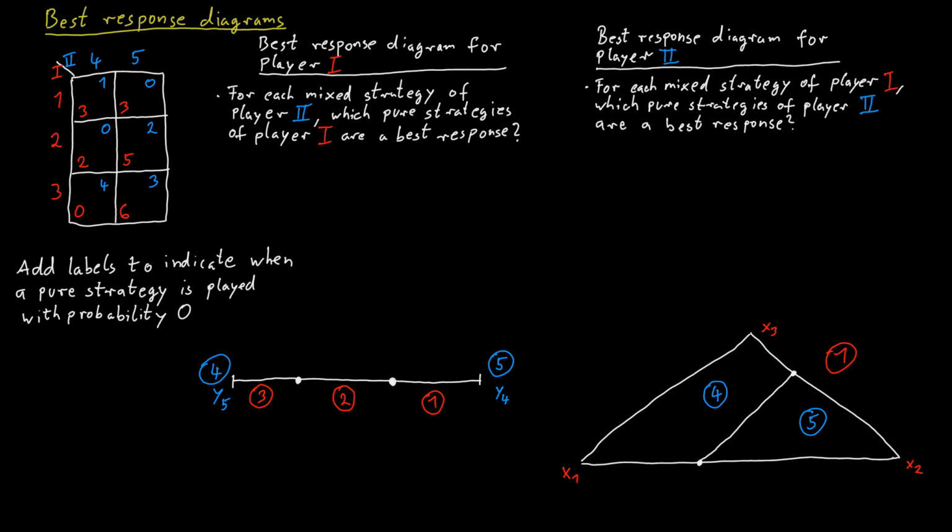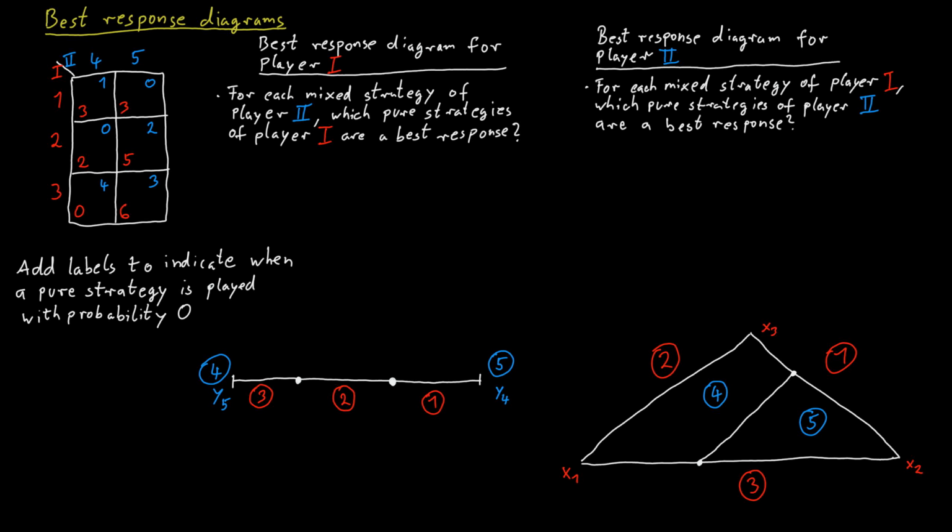And then on the line from the top corner to the left corner, it's strategy 2 that's played with the probability of 0. And then at the bottom, it's strategy 3 that's played with the probability of 0. So I add all of those labels. And now we are finally done. These are our best response diagrams.